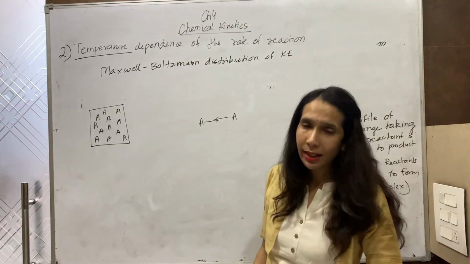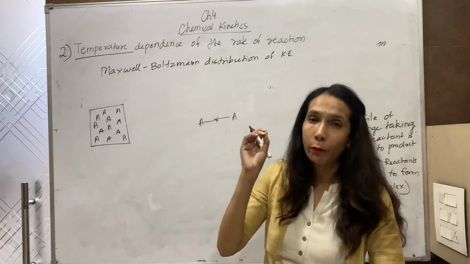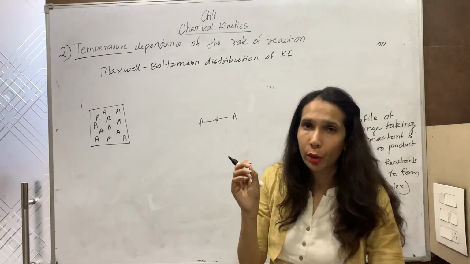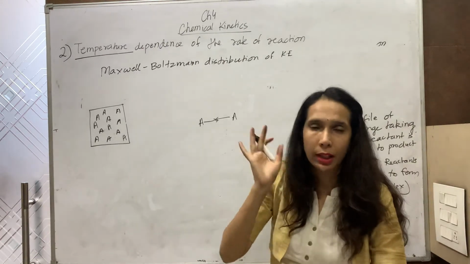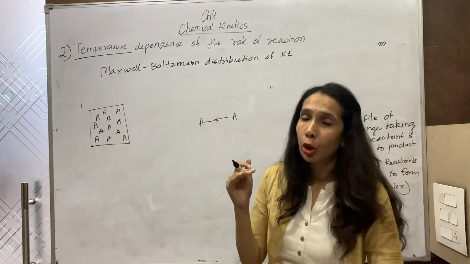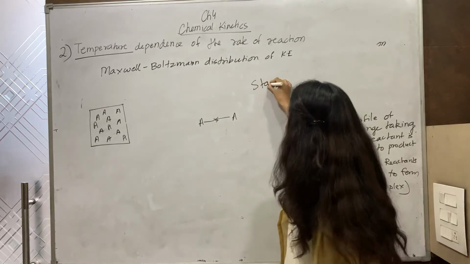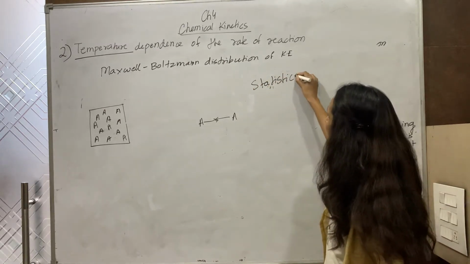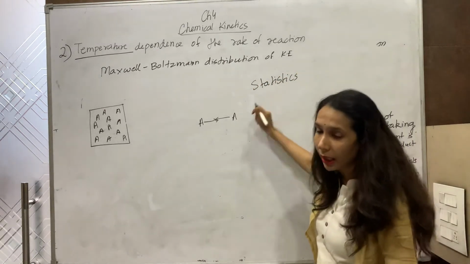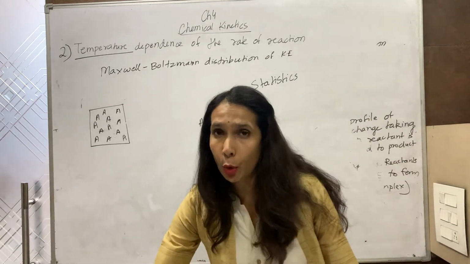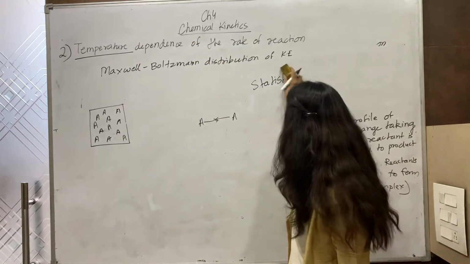But we cannot study the kinetic energy of all the individual reactant molecules, of each molecule. It is not possible. So Maxwell and Boltzmann applied statistics and studied the distribution of kinetic energy.